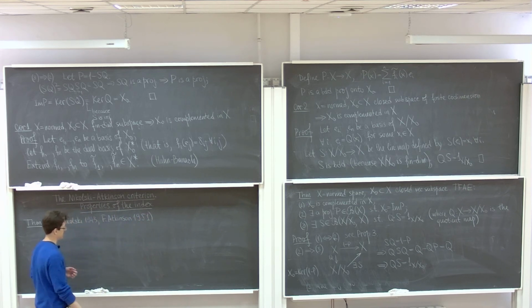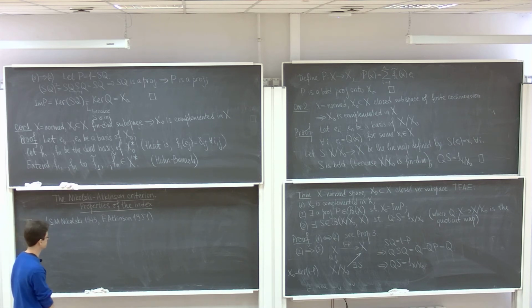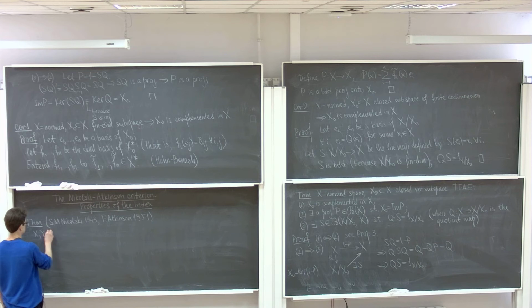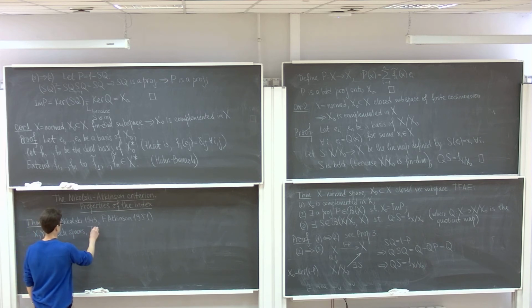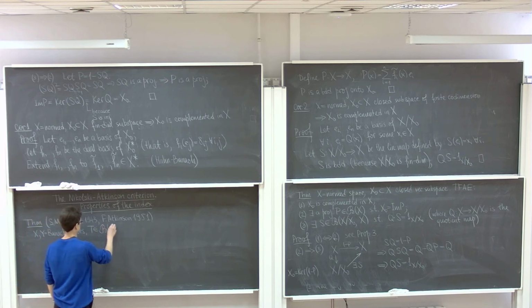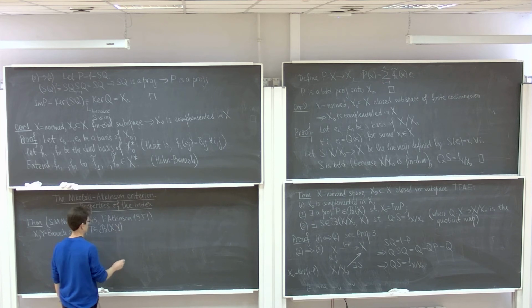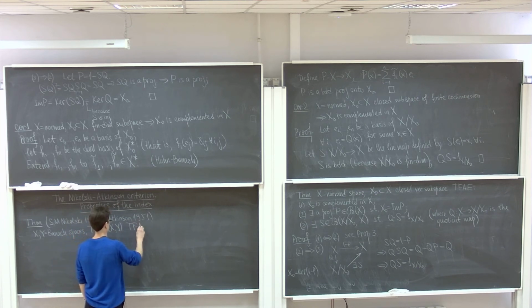In fact, in full generality, this result was proved by Atkinson, and Nikolsky considered a special but important case of operators of index 0. So suppose that X and Y are Banach spaces, and T is a bounded linear operator from X to Y. Then the following conditions are equivalent.